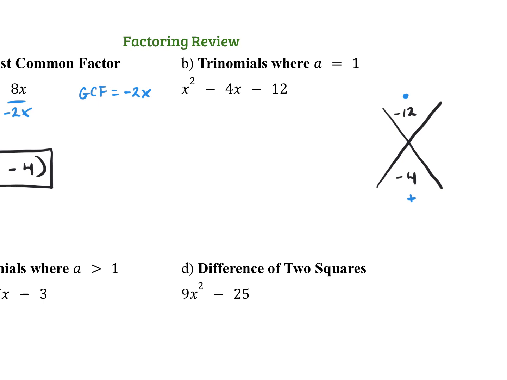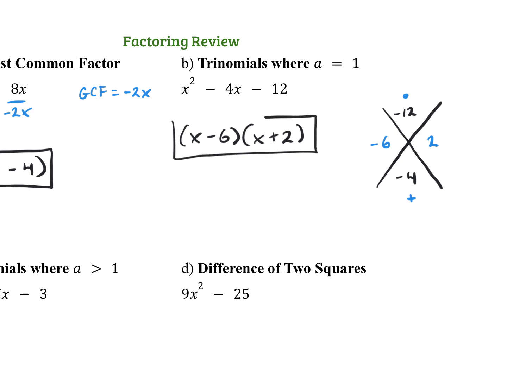So those two numbers would be negative 6 and positive 2. So those become the numbers within your factors. But your factors are x minus 6, that whole thing is your factor, and x plus 2. So here I have my two factors of my trinomial.